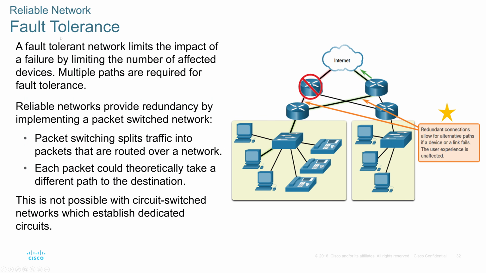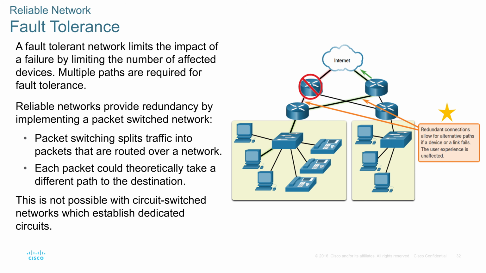Fault tolerance, the first concept in the architecture for reliable networks. A fault tolerant network limits the impact of a failure by limiting the number of affected devices, by providing multiple paths that can be used to communicate between each other.